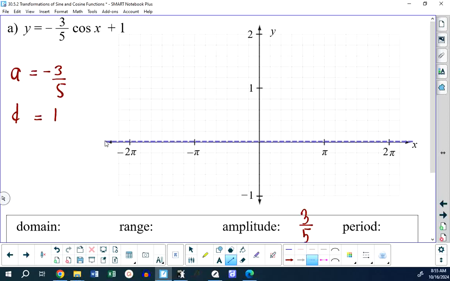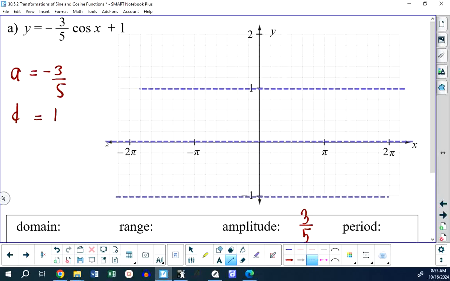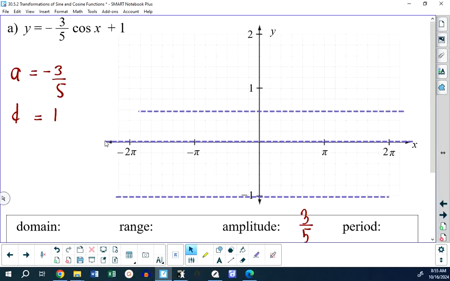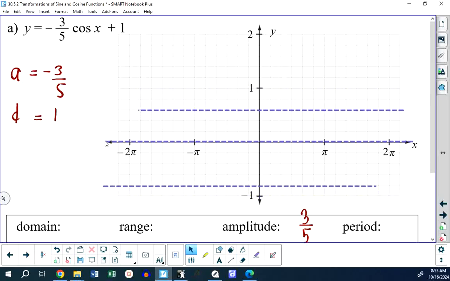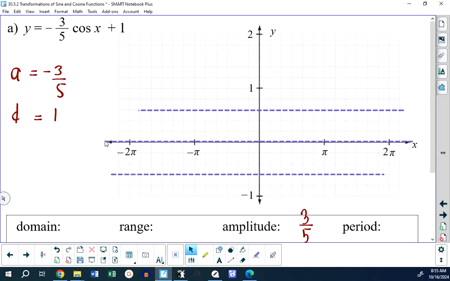And the top of the graph, if there were no other changes and it was just cos x, would be there, and the bottom would be here, right? Okay. But that 3/5 creates a new amplitude of 3/5 with that same vertical midline. That's actually a horizontal line, but it's measuring things vertically.